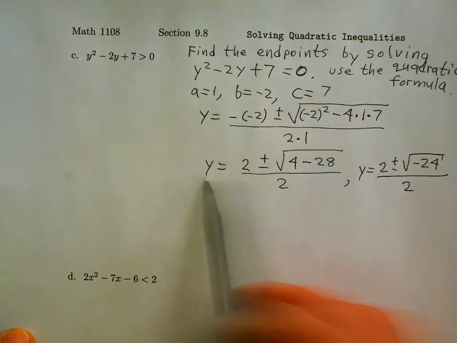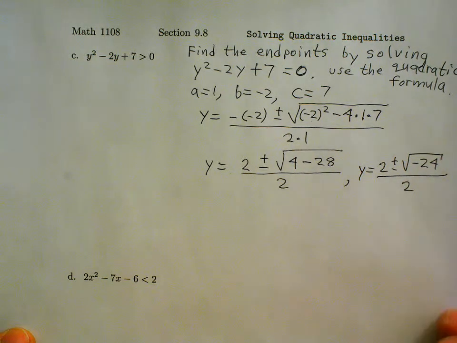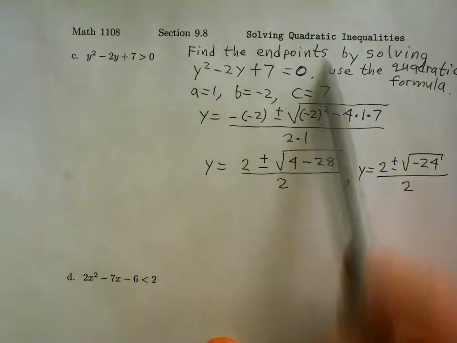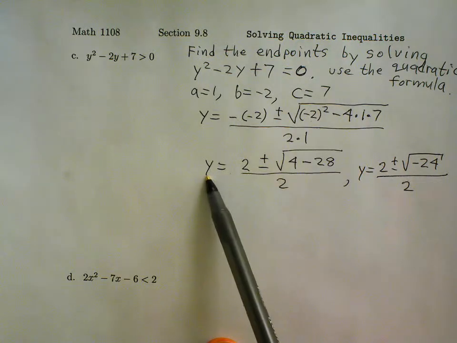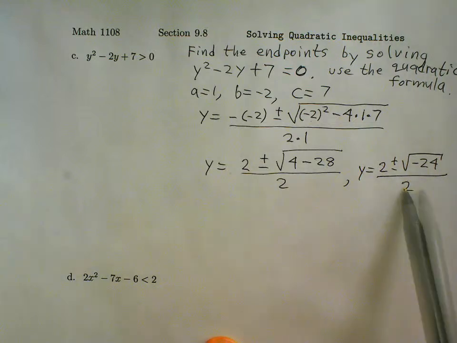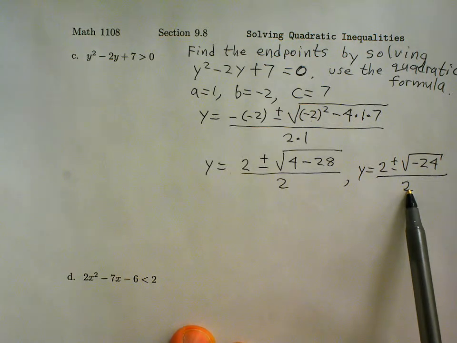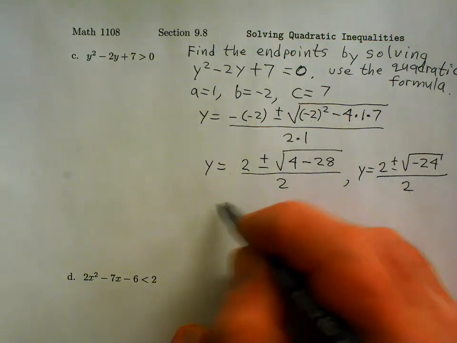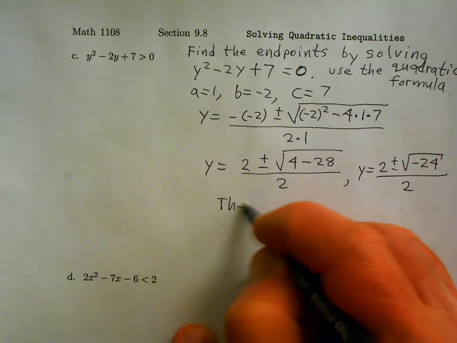The solutions for y are non-real numbers. So when we tried to find the endpoints, remember the endpoints are supposed to be real numbers on the real number line, but these are not real numbers. So these solutions are non-real.